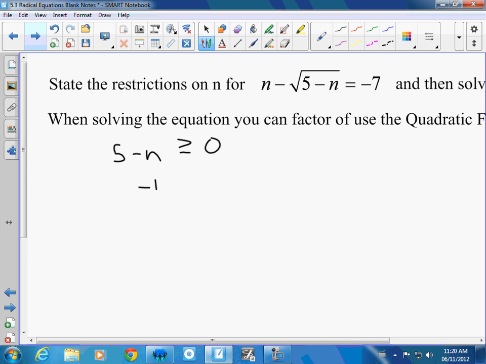Negative n greater than or equal to 5. Now what do we do? Divide by negative 1. Oh yeah, negative 5, sorry. Divide by negative 1. Now, what do you remember though?